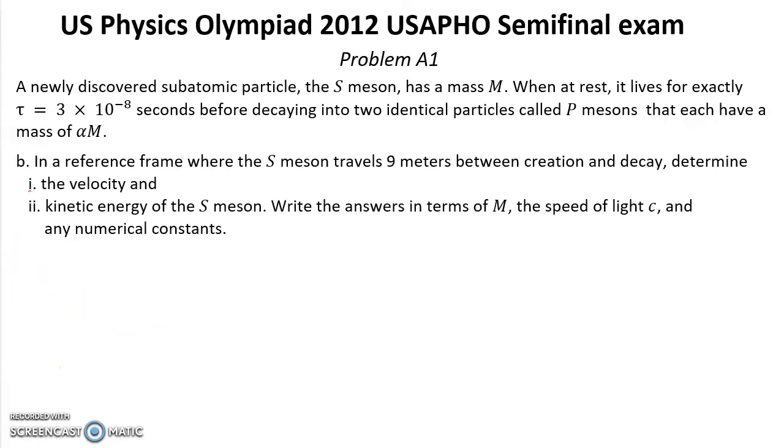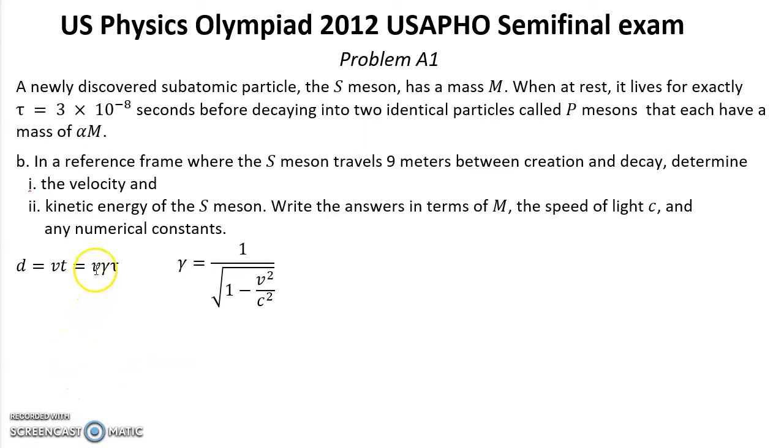Question B. In a frame of reference where the S meson travels 9 meters, we have a distance d equal speed multiplied by time, and time equal gamma multiplied by tau, which is the time in the frame of reference of the S meson. So gamma is the time dilation factor.